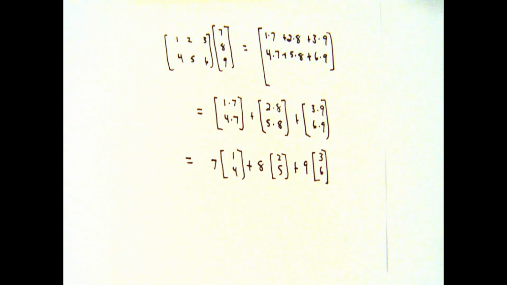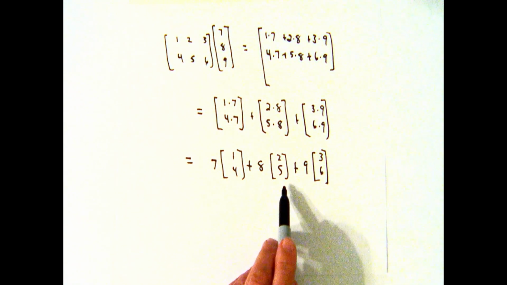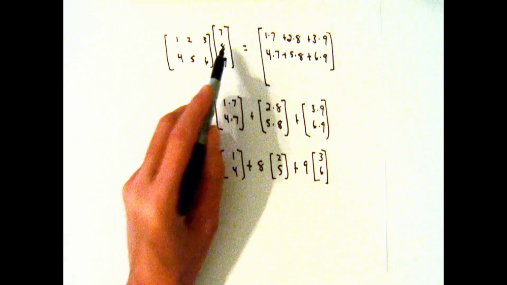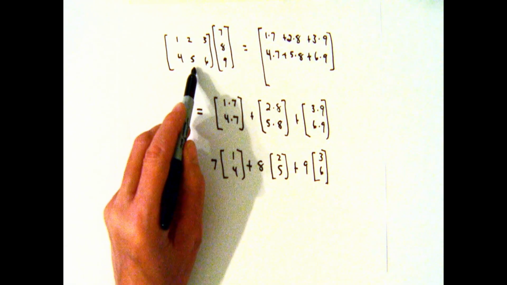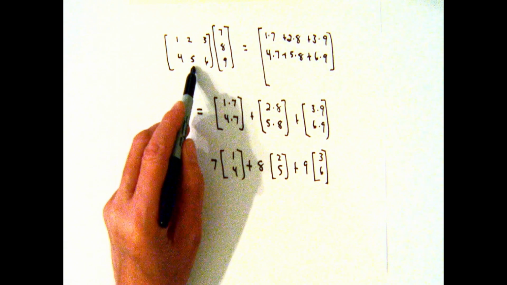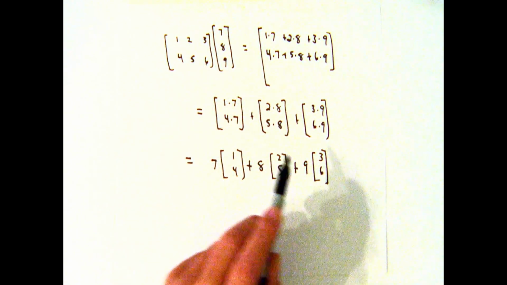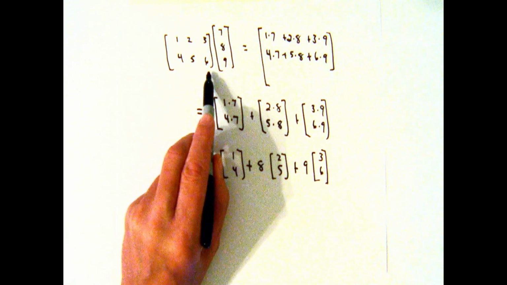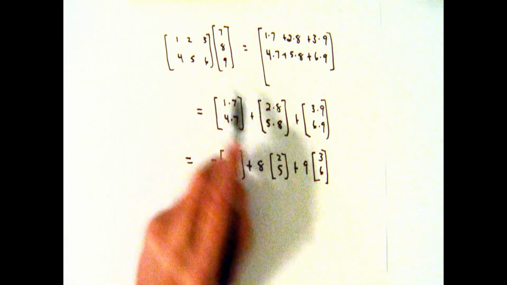The next term, 8 times 2, 5, is the next number in the column times the next column out of the matrix, and the last one is that number, 9, times the third column out of the matrix, 3, 6.